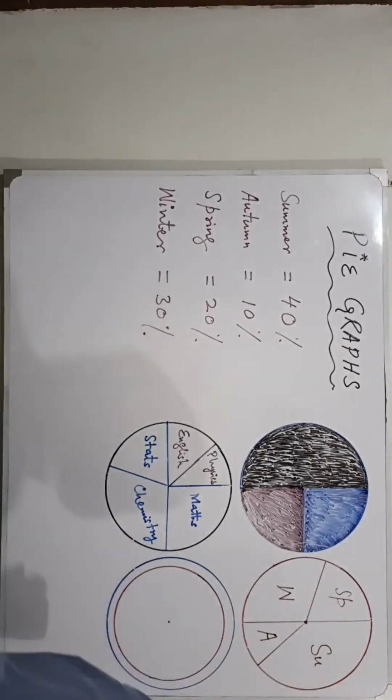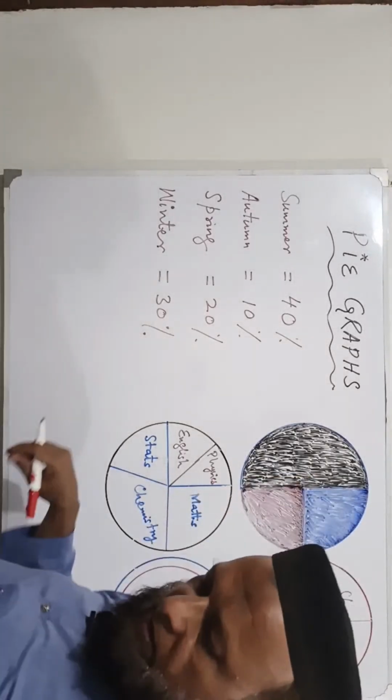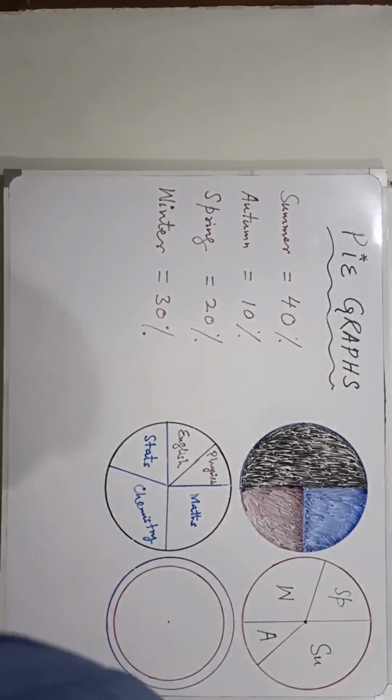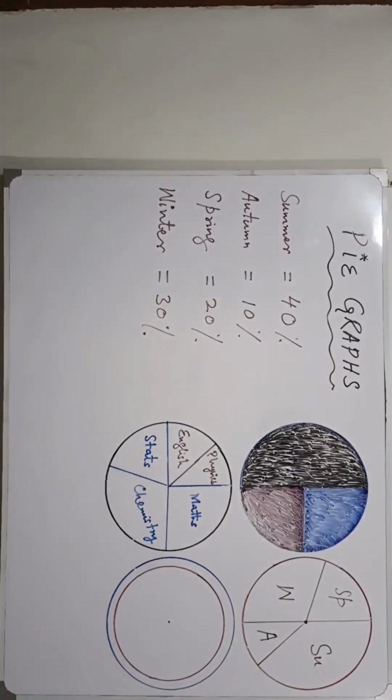This is summer. So this is how we can plot these pie graphs. And to read them out is very easy. When you try to understand, you can understand very quickly.